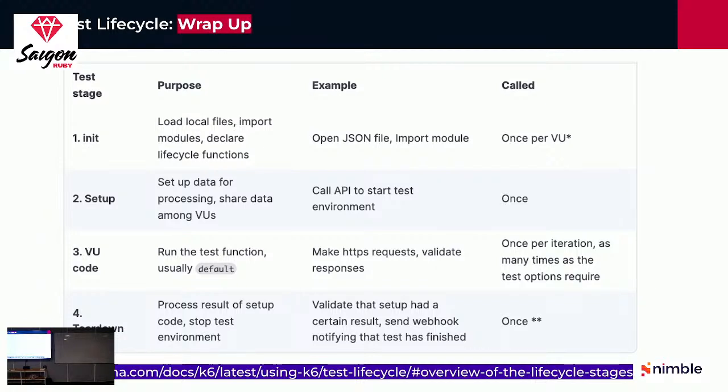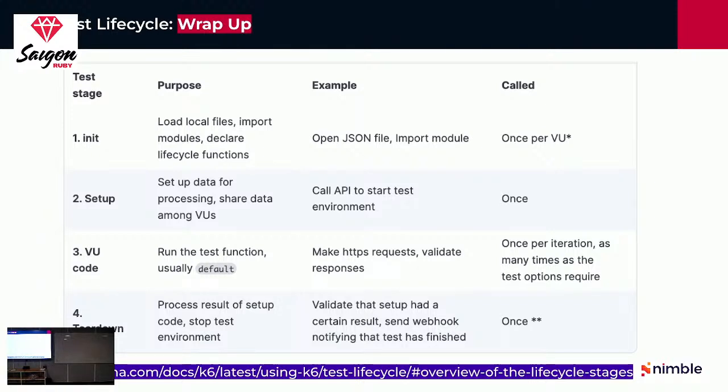Yeah, we did talk about purpose and examples, and one noticeable column here will be the call column. So keep in mind that in this stage, with the shared array that we talked about before, it will be called once per VU. But the setup and the teardown functions will be called once per test.